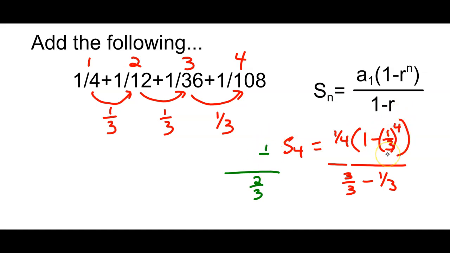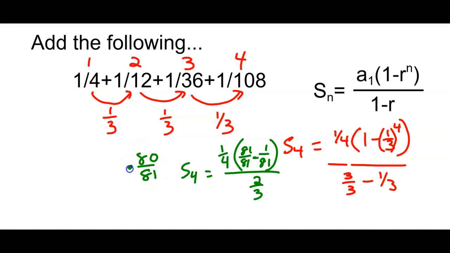And 3 to the 4th is the same thing as 81. And so 1, I'm going to change that to 81 over 81. All good fraction work in here, good fraction practice. And so 81 over 81 minus 1 over 81 gives me 80 over 81.